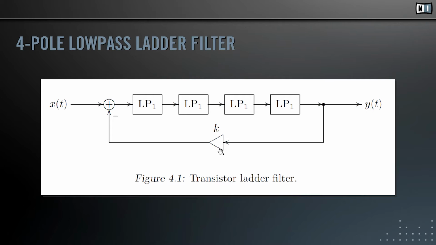And this triangle is a gain element that just multiplies the signal by some value k. So by varying this variable k, we can control the amount of the feedback. So this negative feedback just means that the feedback is inverted. It multiplies the signal by -1 here. This is the basic idea of a 4-pole low-pass ladder filter, which we already had in our library.